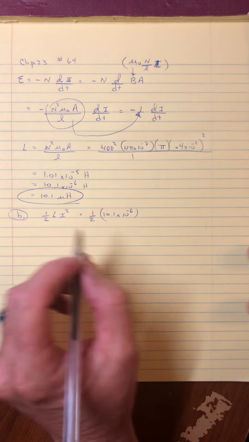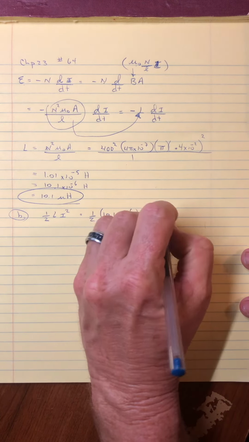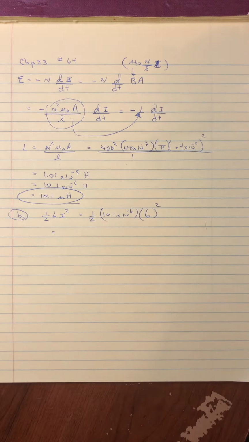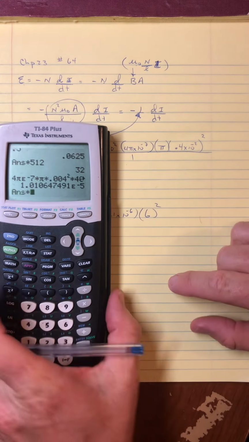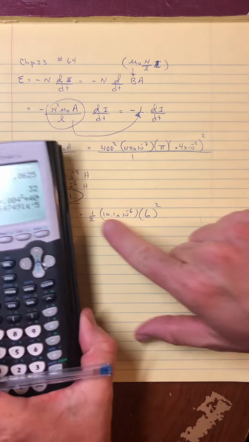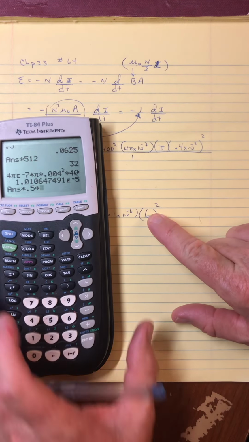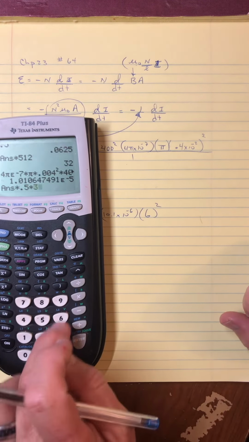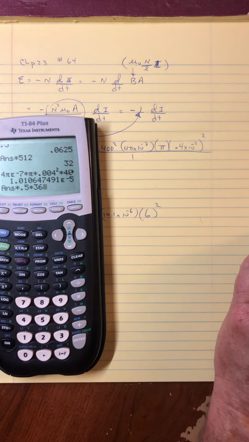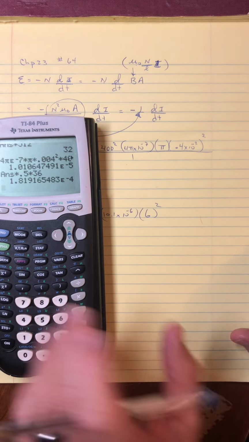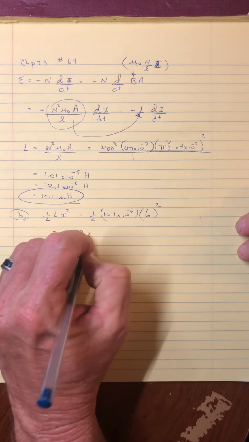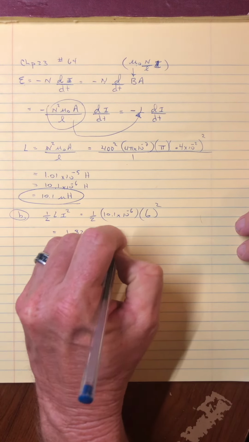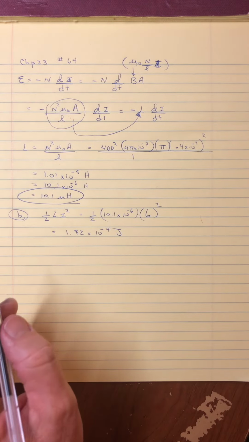And let's see what we got. Current is 6 amps, and so we'll square that. Looks like I already got the inductance here in the calculator. So let me do times the 1/2, and then also times, and I'll just square the 6 in my head. That's 36. And hit enter, and we are looking at 1.82 times 10 to the minus 4 joules of energy.